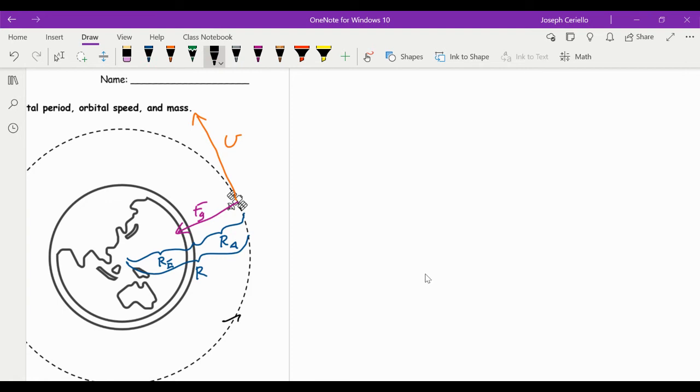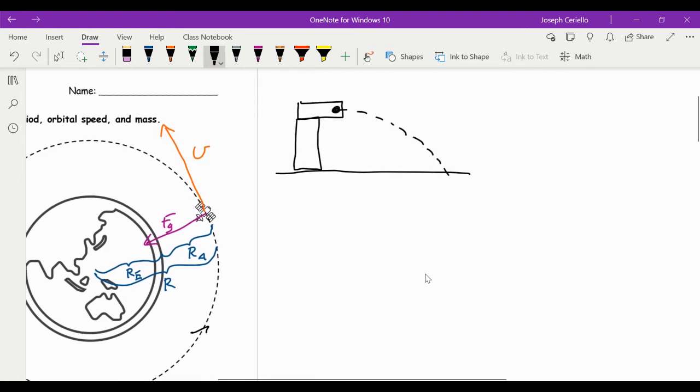So let's say I have a flat surface and I have a tower and I have a cannonball firing out of that tower. And this is on Earth. If I fire that cannonball, what trajectory is it going to take? It's going to do something like this.